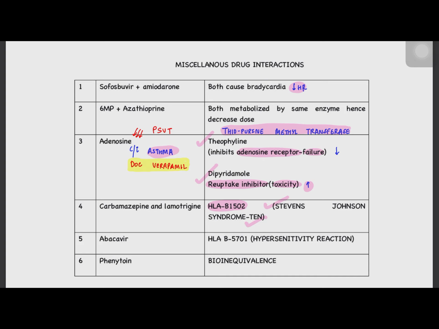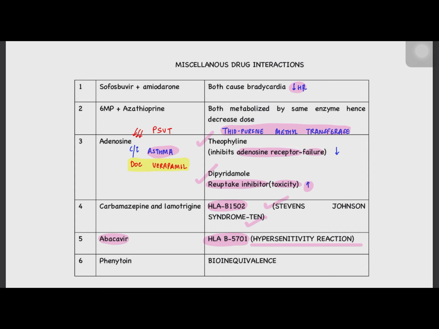So we should ideally check the allele before prescribing these medications. The other drug is abacavir, which is an anti-HIV drug. All patients who are being started on abacavir are screened beforehand for HLA B5701 due to the risk of severe hypersensitivity reaction.